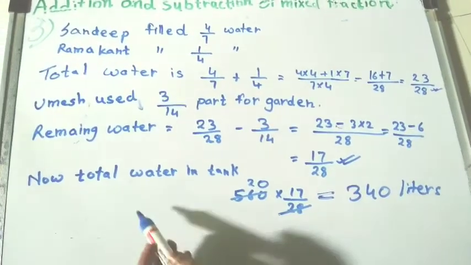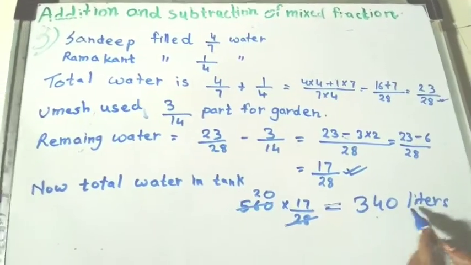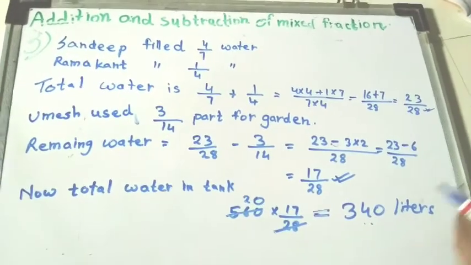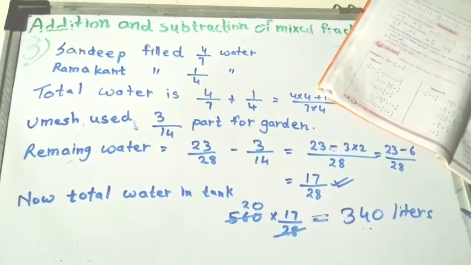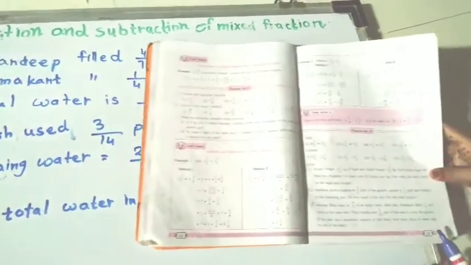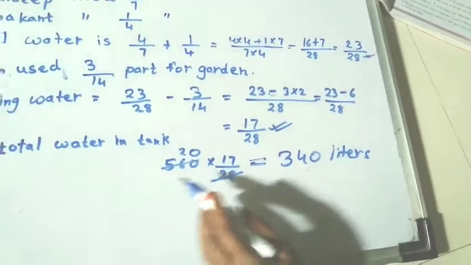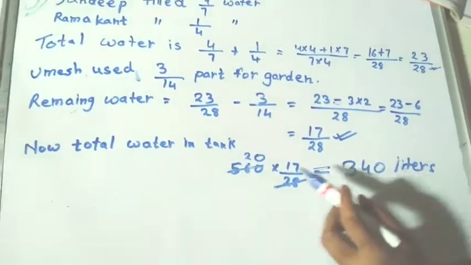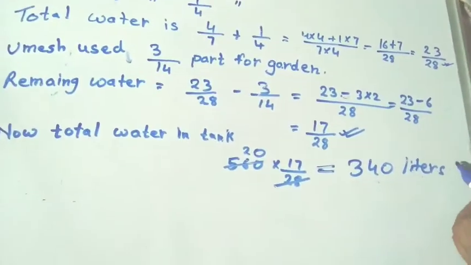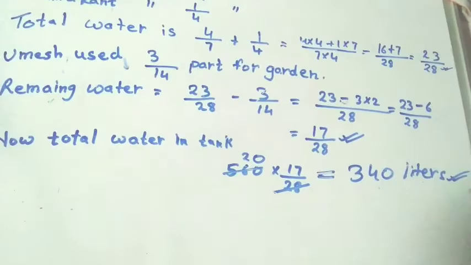It means the total water in the tank now is 340 liters. What is the question? How many liters of water will be left in the tank? Now we have 340 liters of water left in the tank. This is the answer.